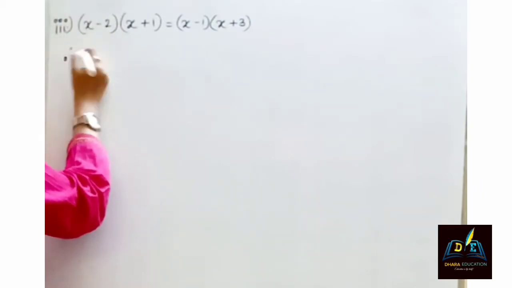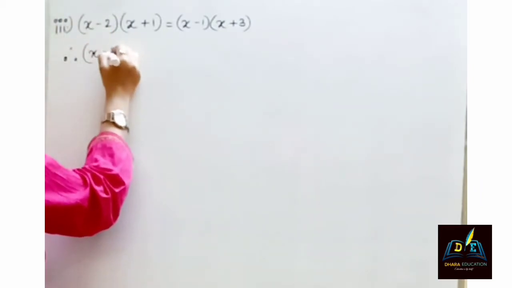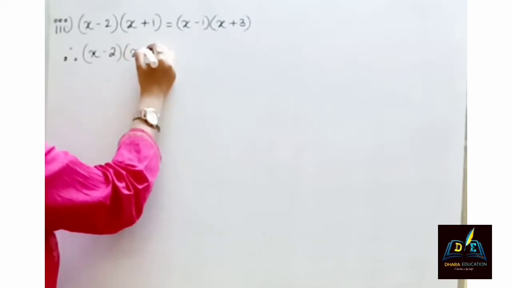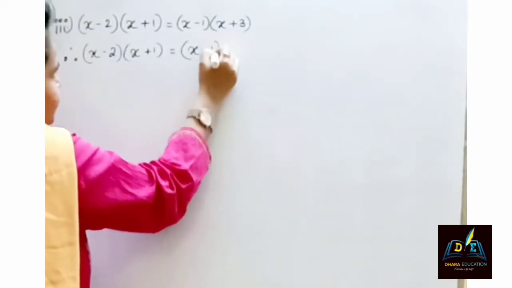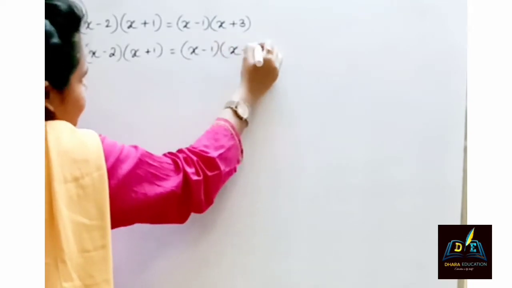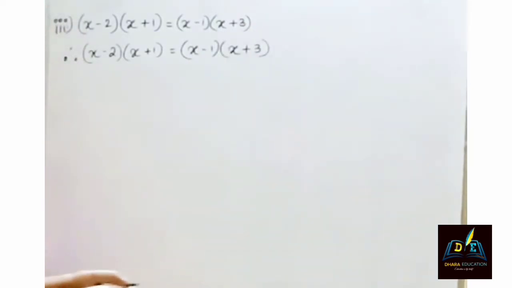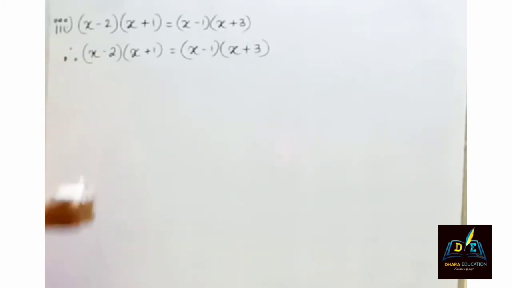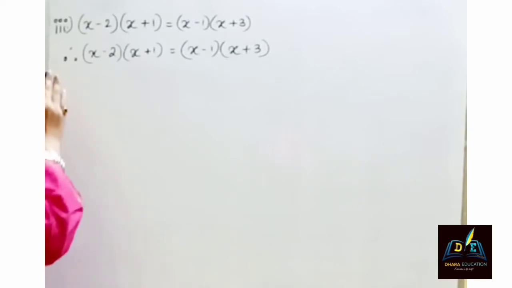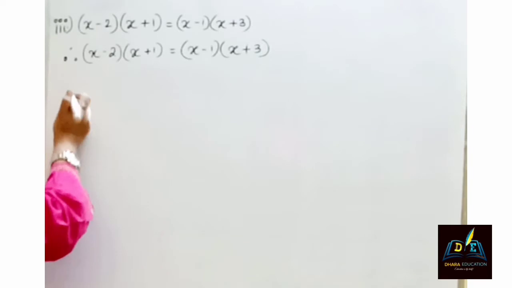First, please write the question as it is. In some textbooks, or it may happen in your school also, the step which I am going to write right now may not be shown to you, but for your better understanding I am showing this extra step.